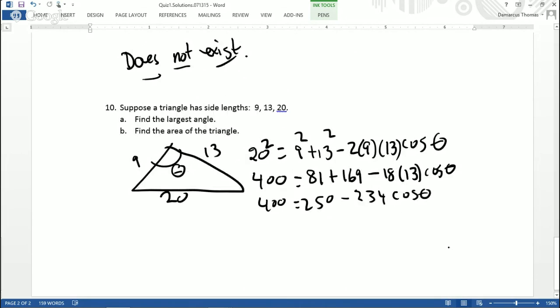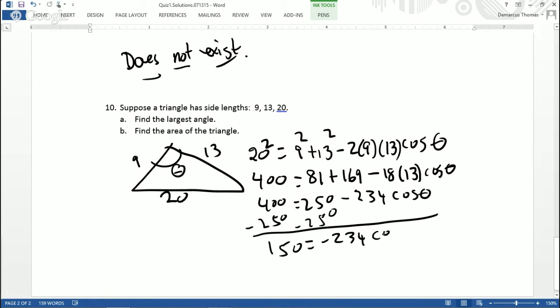Now I need to solve for the cosine. I need to subtract 250 from both sides. I'm left with 150 is equal to negative 234 cosine theta. So cosine theta is equal to 150 over negative 234.